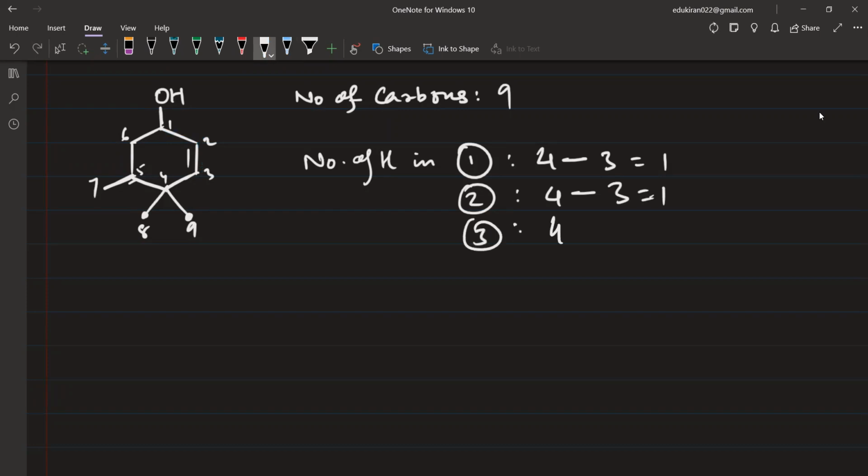थर्ड में बताइए अब्दुल्ला, how many bonds can you see around the third carbon atom? 3, right? How many bonds can you see around the fourth carbon atom? Tell me. 4. Correct.